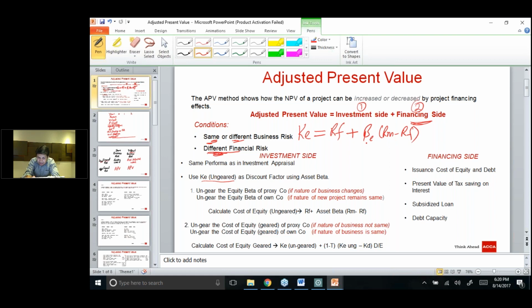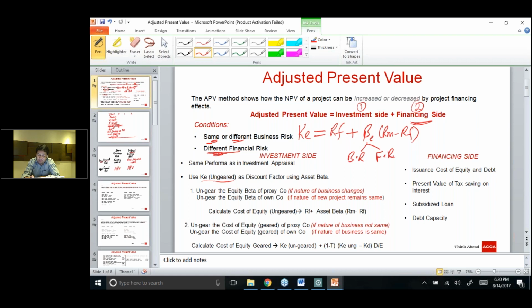And beta equity includes business risk and financial risk. In APV, we are assuming that we will exclude all the financial risk from the investment side, and the financial risk will be covered in the financing side.